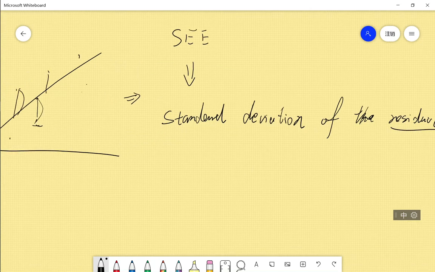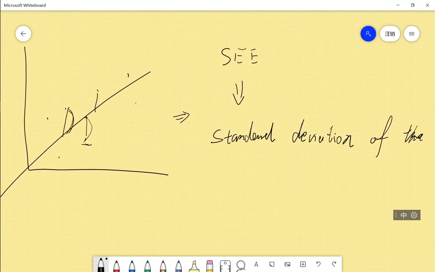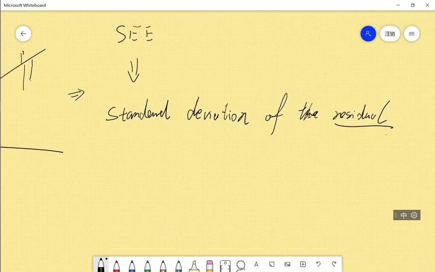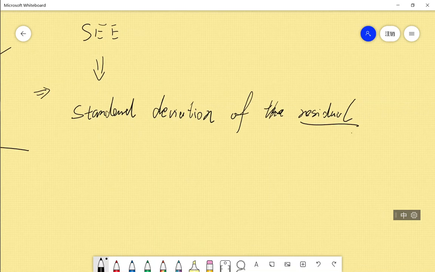What is the residual? What's left is the residual. This all is the residual. What's left is the residual. And when you have all this residual, you calculate the standard deviation of that, and that will be the SE. Fairly simple.